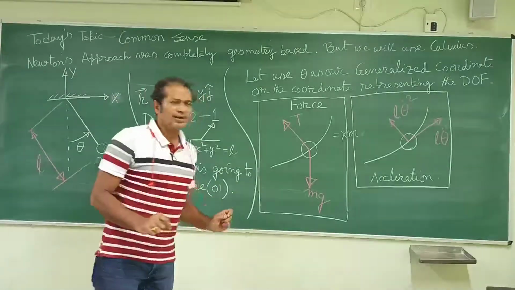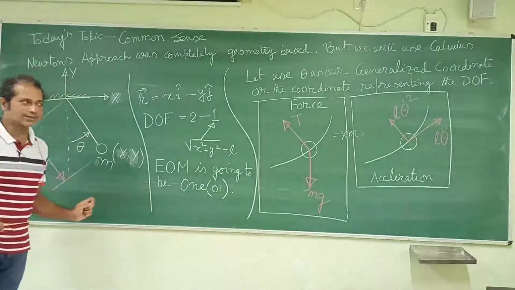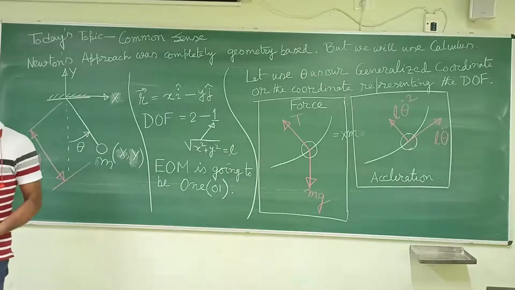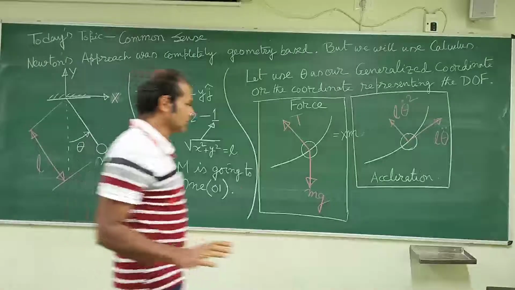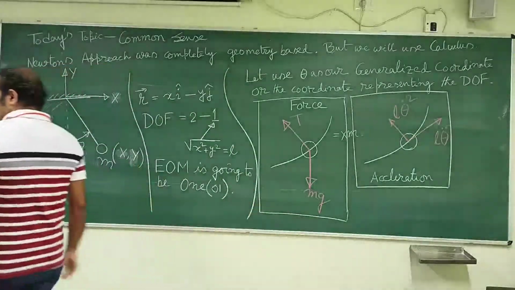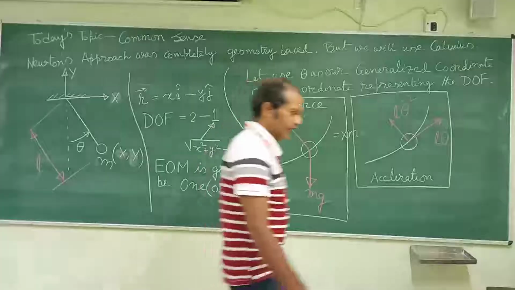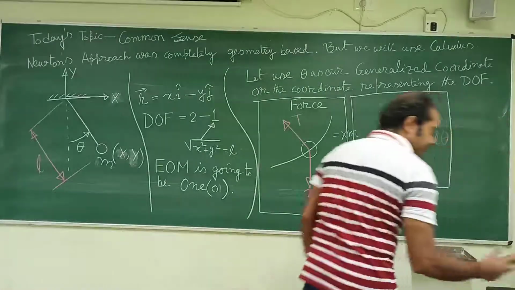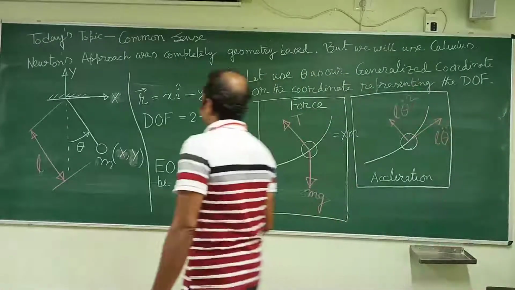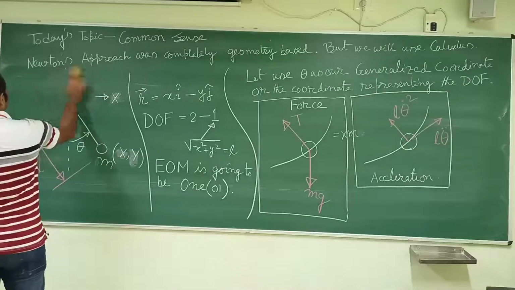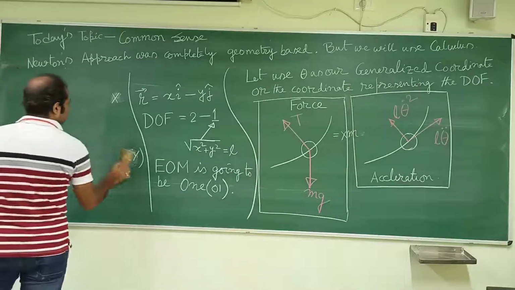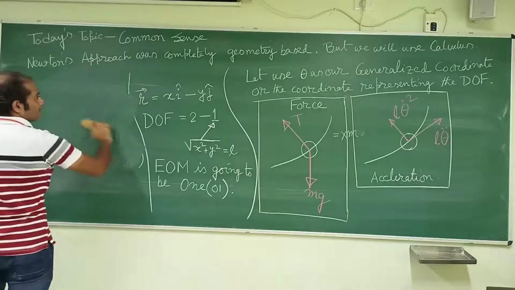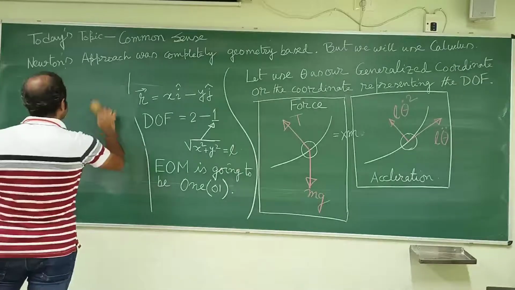Now we will be applying just a simple common sense, and before that we will be going through some simple calculus ideas, which I think you have studied, just as a background study.